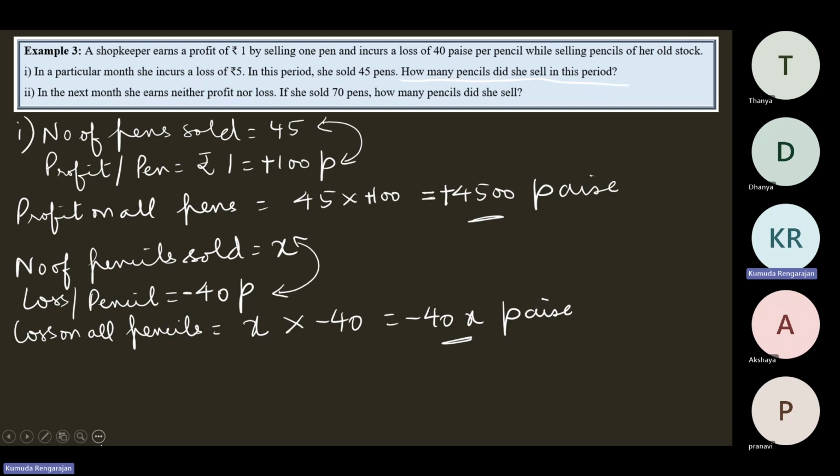Okay, I think this is the second part. Now look at the next one. In the next month, she earns neither profit nor loss. That means if you put both of that together, the answer should be 0.